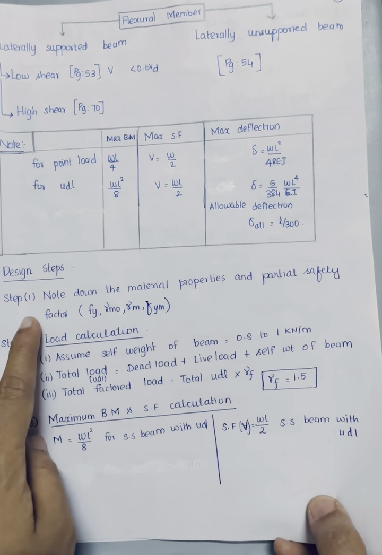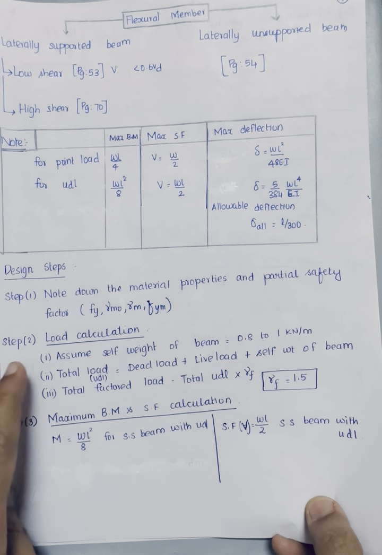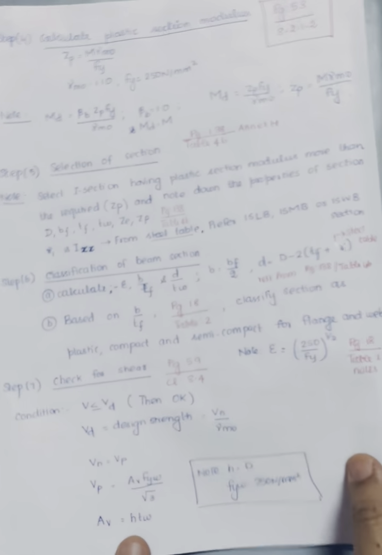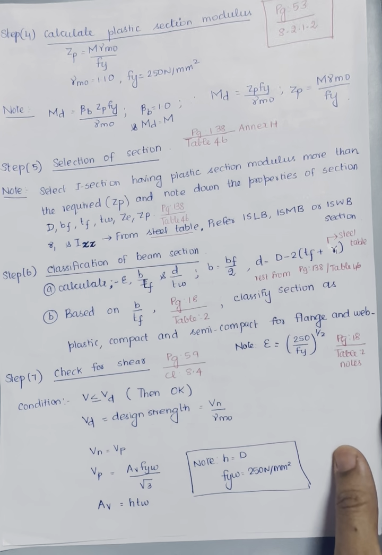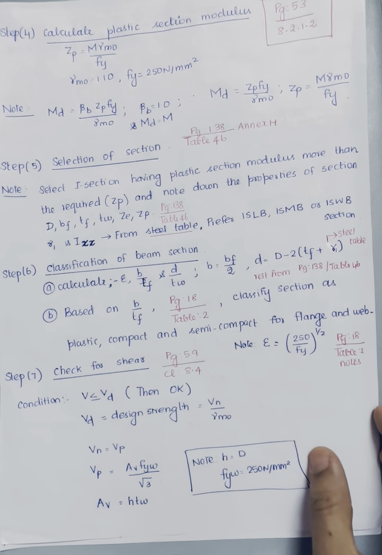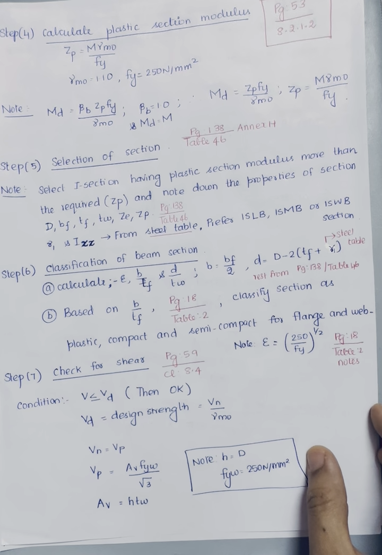We noted down the material properties and factor of safety, then the load calculation, maximum bending moment and the shear force, then we calculated the ZP value, that is plastic section modulus, and with the plastic section modulus we selected the section. Once we selected this section, we did a classification of the beam section, and after this is done, we will be going to various checks.